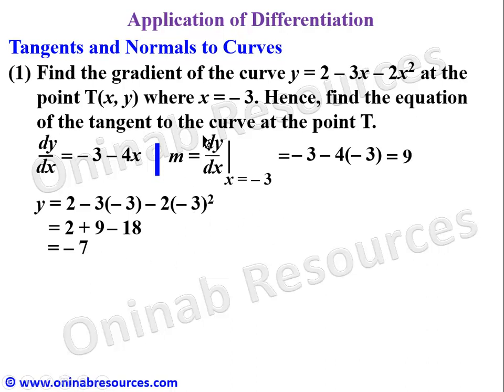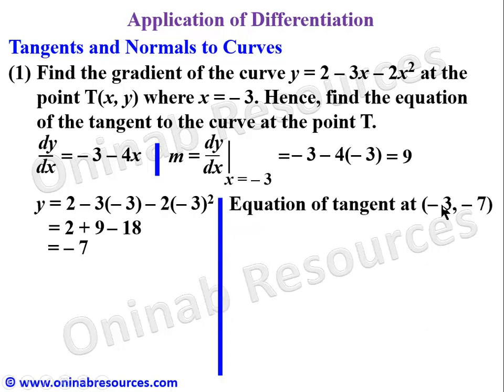Now we know the gradient of the equation we are looking for, that is, the equation of the tangent. So the equation of the tangent at the point negative 3, negative 7: x is negative 3 and y is negative 7.